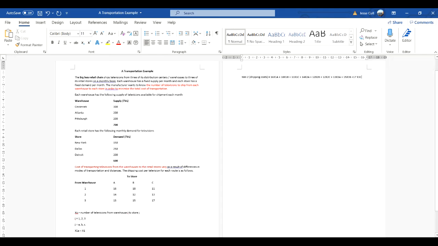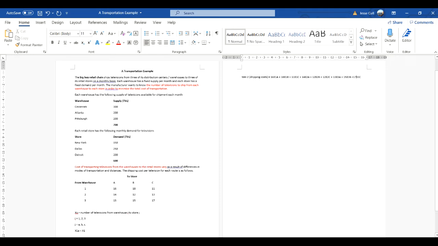Here we've entered 1, 2, 3, 4, 5, 6, 7, 8, 9. 9 different decision variables. And we see those decision variables right here. We see that X1A is $16, 16 X1A.